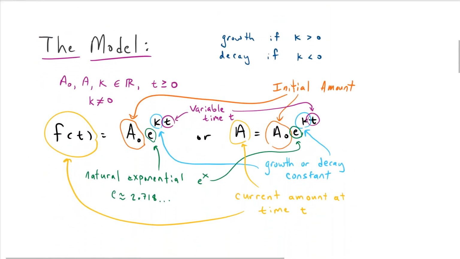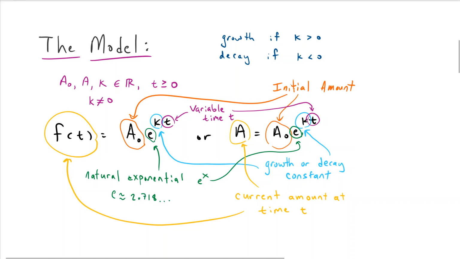So first off, the model overview. Exponential growth and decay models generally model some type of population. The population could be humans, it could be a virus, it could be bunnies, it could be bacteria, it could be anything, but it's something that is growing or decaying.